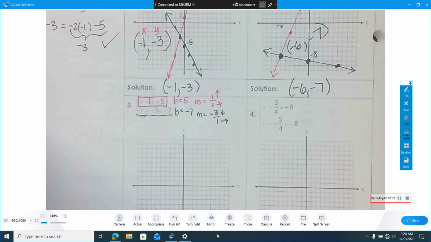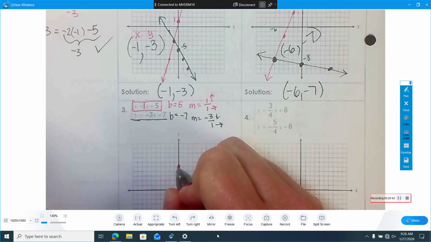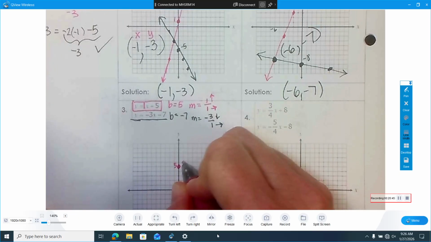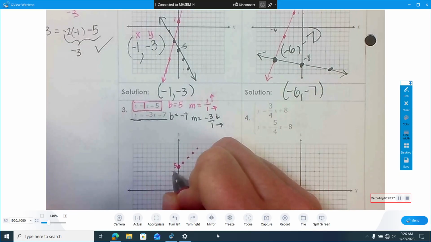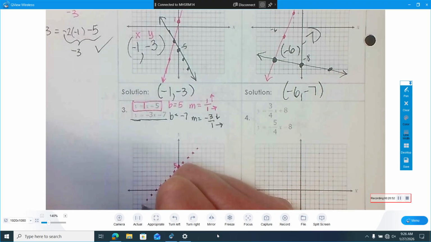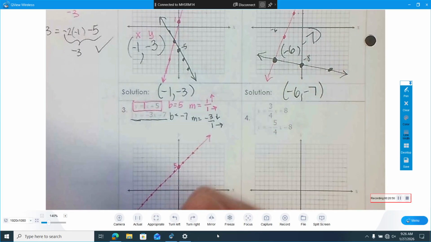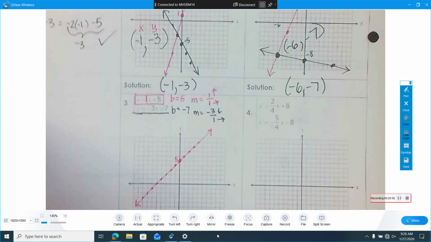Very good. All right, 1, 2, 3, 4, 5. I'm seeing very good dots. First one's a doozy. There's that first line. You should have a match.